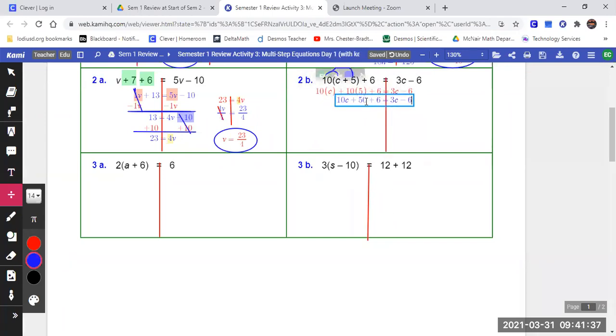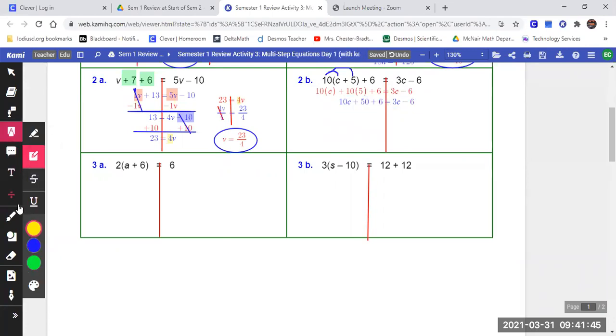Are we ready for big zeros and big ones? Is it cleaned up? When we have two things of the same kind on the same side? No, we are not ready for big zeros and big ones because we haven't combined our like terms.